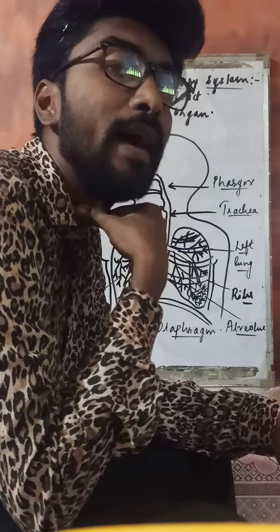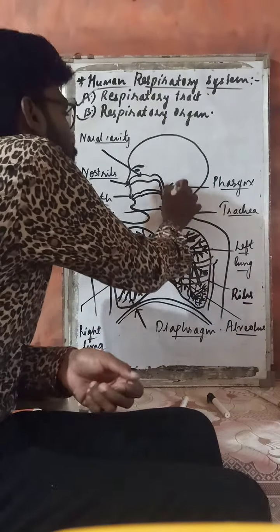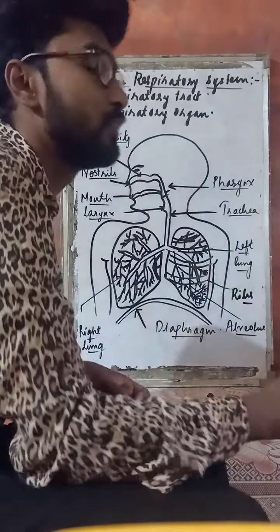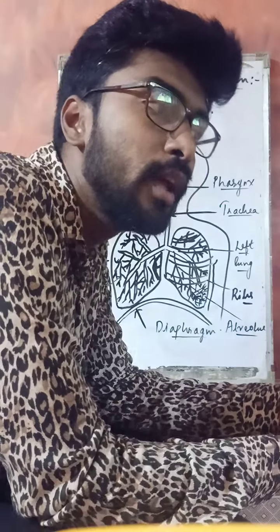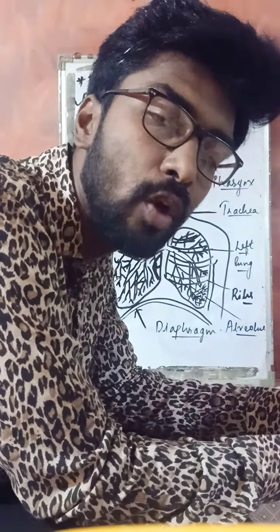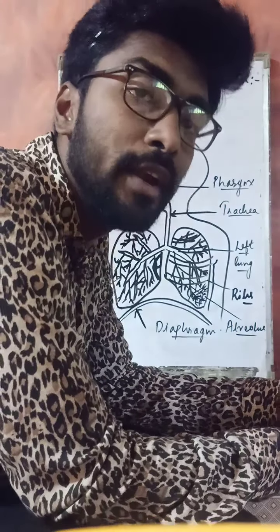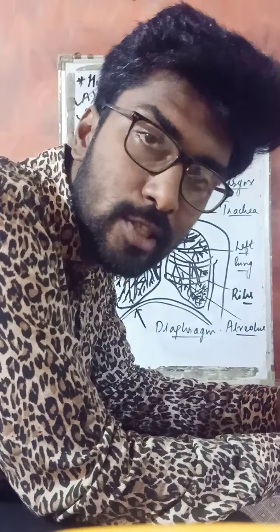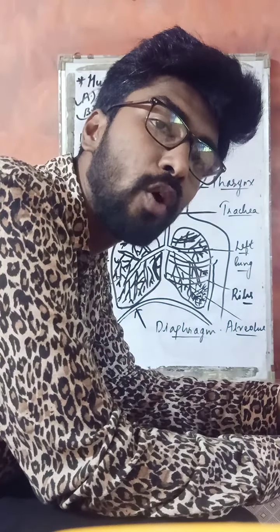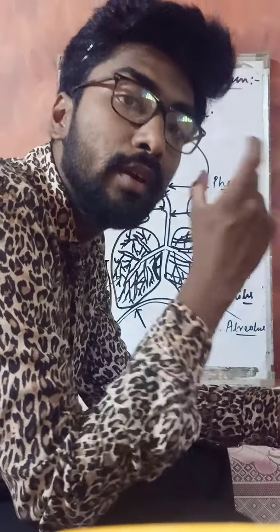Second is called the pharynx. You can see this part is generally called the pharynx, right? So the pharynx is a common passage for both food and air. It means that it is a small opening through which there is the entry of food material and air also. Now it has two important parts. The upper part is generally called the nasopharynx, and the lower part is generally called the oropharynx, right?